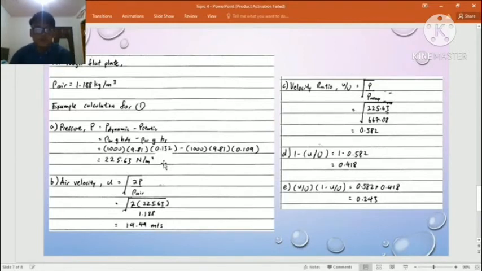Air velocity is equal to 19.49 meter per second. The velocity ratio is equal to 0.582. Next is 0.418 and 0.243. And all of these values are from the example calculation for row number 1.